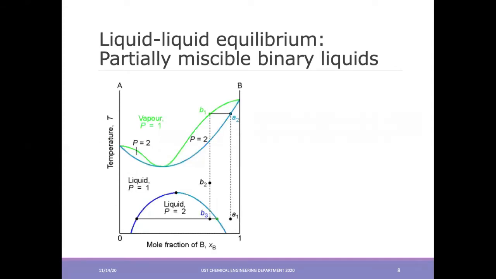Now consider a pair of liquids that are partially miscible and form a low-boiling azeotrope. As you can see in the graph, the system forms a minimum boiling mixture.